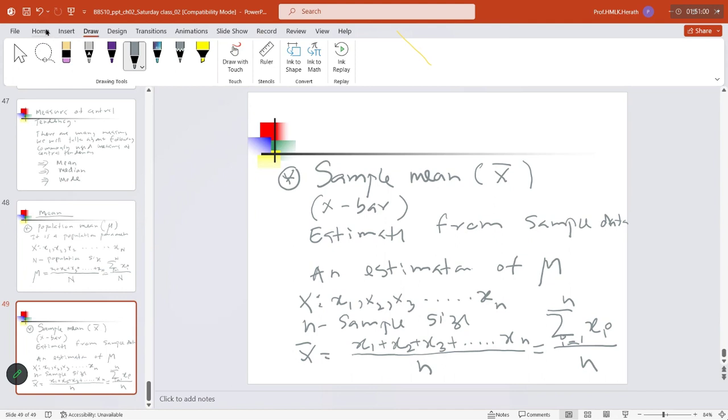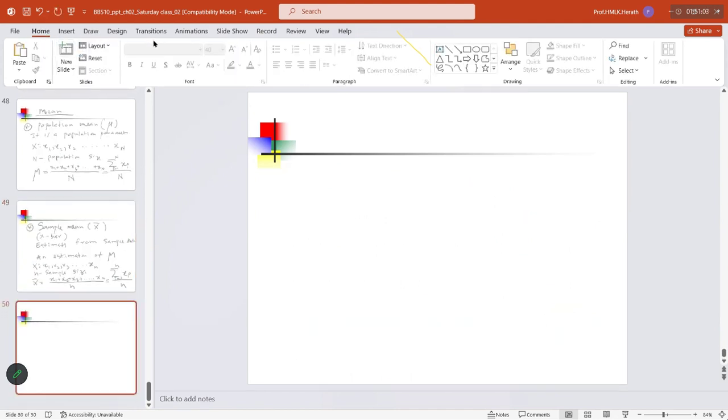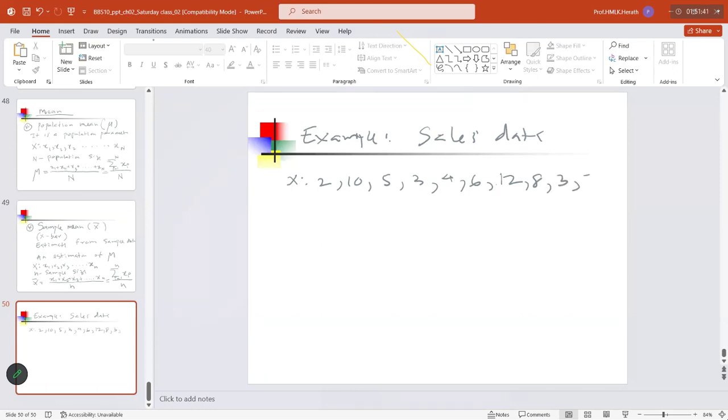Example. Sales data. Say we have collected sales data and reported it here as 2, 10, 5, 3, 4, 6, 12, 8, 3, 7.